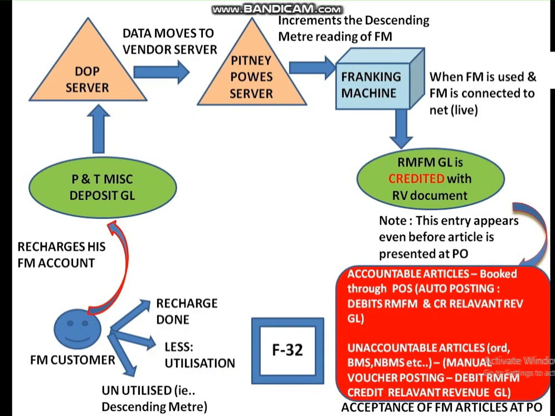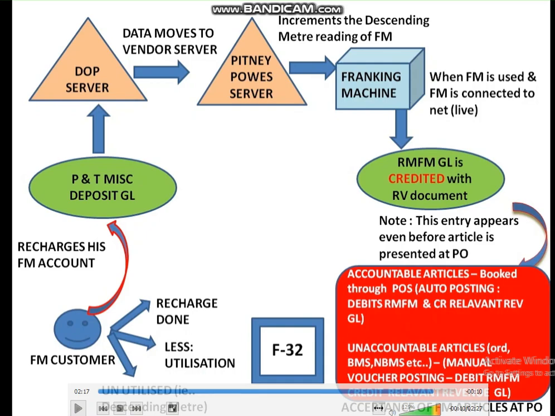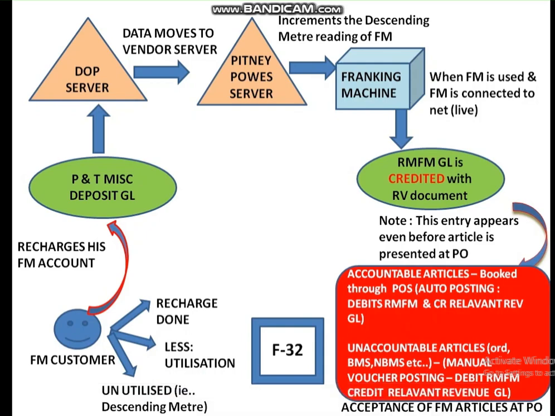Recharge done less utilization is the unutilized amount, which is nothing but the descending meter reading of the customer. From post office SAP itself, we will be able to say what is the descending meter reading of the customer. The data for recharge done we will get from P&T deposit, and the data for utilization we will get from the RMFM GL, and the difference is the descending meter reading.